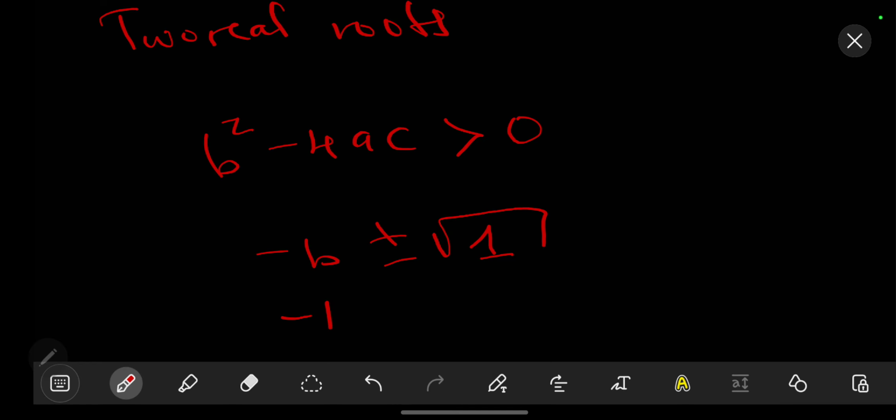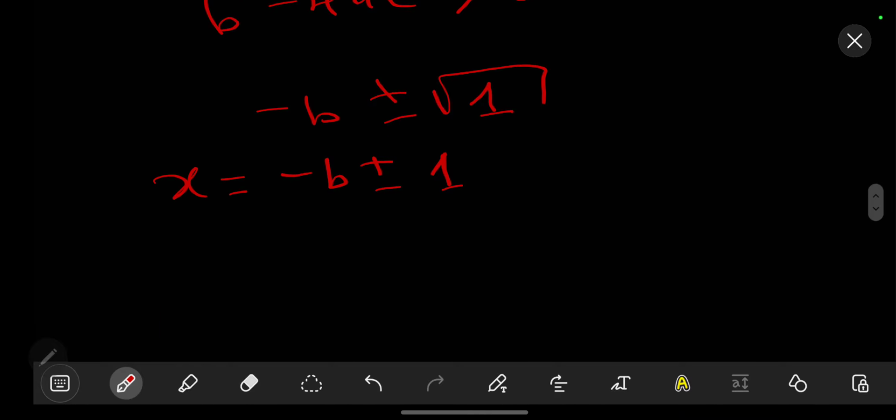You are always going to have negative b plus or minus the square root of 1, which is 1. So this is your x value. Either x is equal to negative b plus 1, or x is equal to negative b minus 1. So you are always going to have 2 different answers for such a situation.